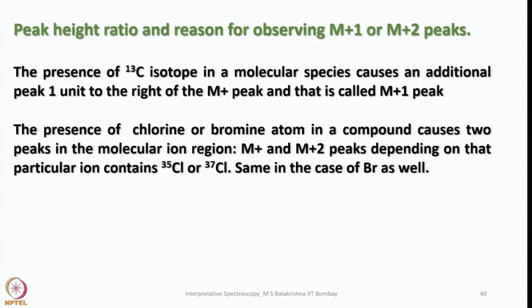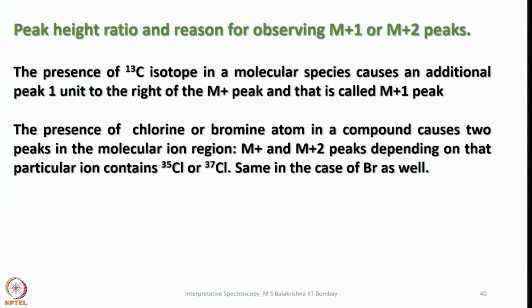The presence of the 13C isotope, as I showed you in my previous slide, in a molecular species causes an additional peak one unit to the right of the M+ peak, and that is called the M+1 peak. So instead of 121, we saw 122 due to the addition of one 13C in place of one 12C.